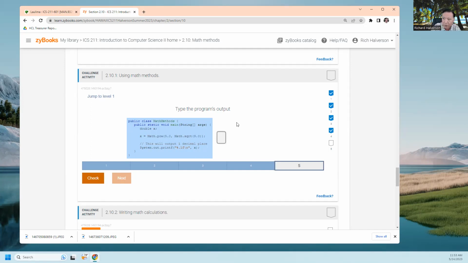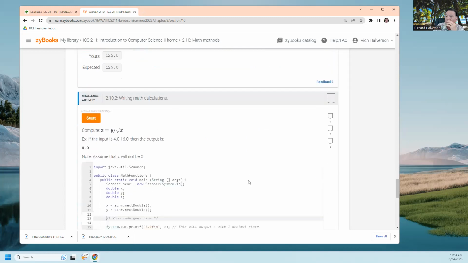The square root of 9 is 3, so then it's 5 to the 3rd power, which is 5 times 5 times 5, which is 25 times 5, which is 125.0. Oh, gosh. Forgot to put the return.